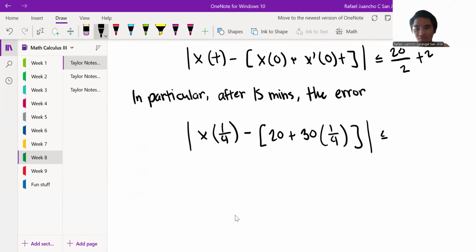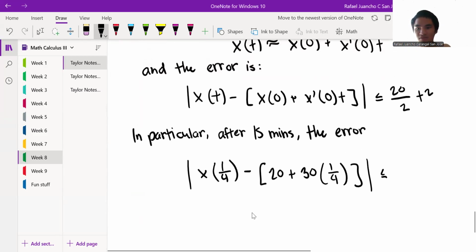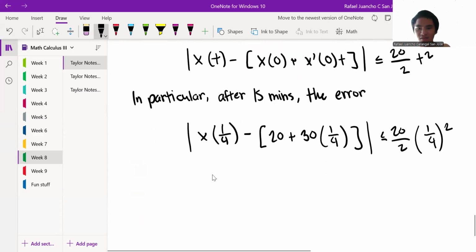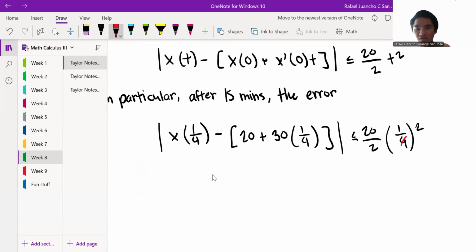And then this is at most less than or equal to 20 divided by 2. I hope I'm not, yeah, 20 divided by 2. And then t is 1/4 squared, which is 1/16.